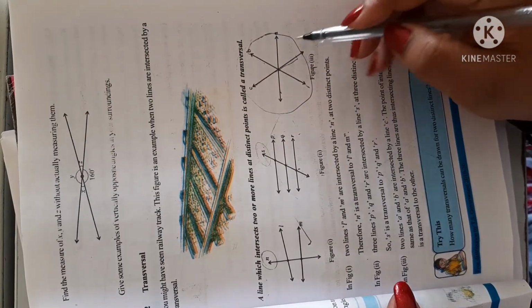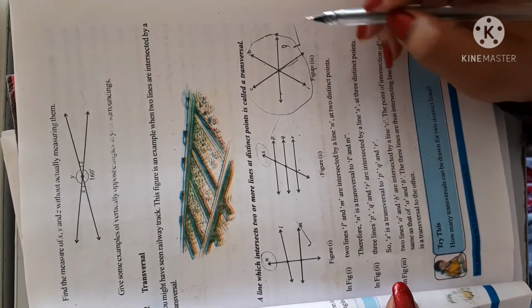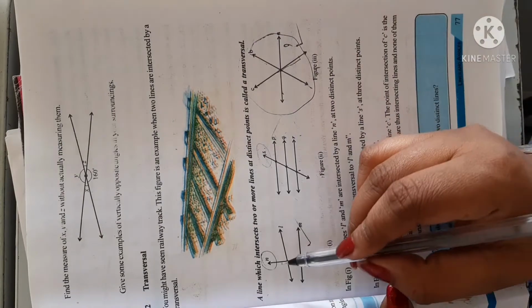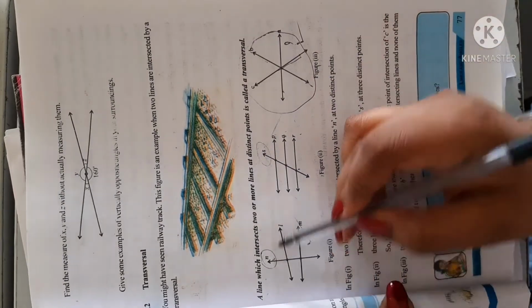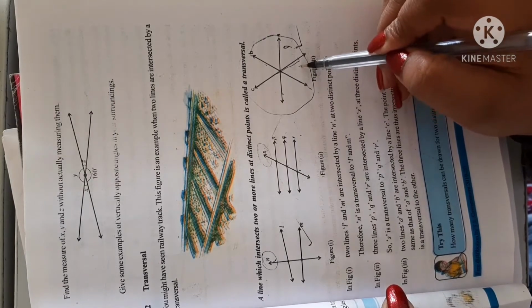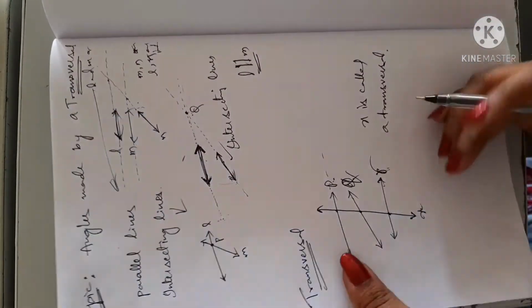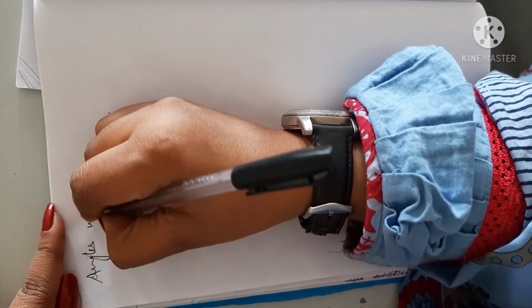So let's discuss this diagram later. Let us find out which one is a transversal here. N is a transversal, S is a transversal, and there is no transversal here. Now, angles made by a transversal.